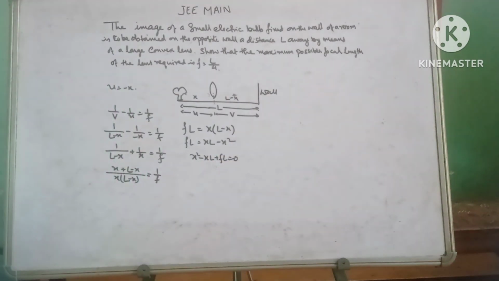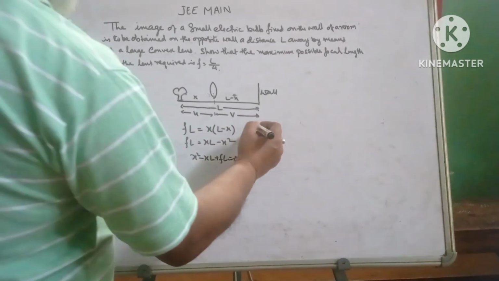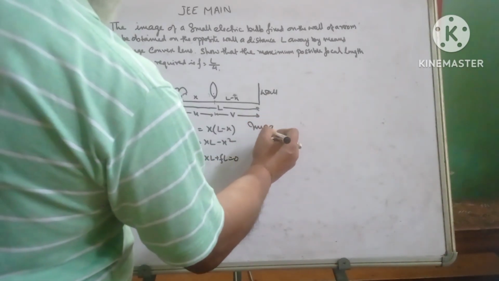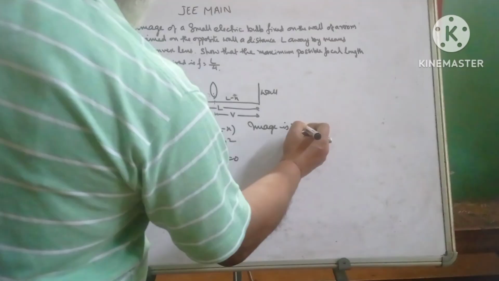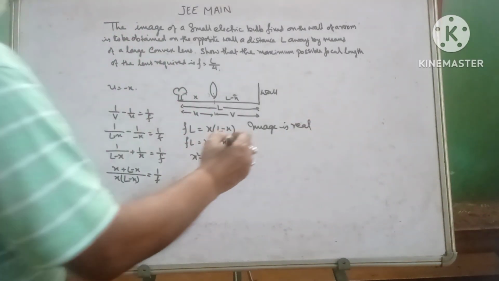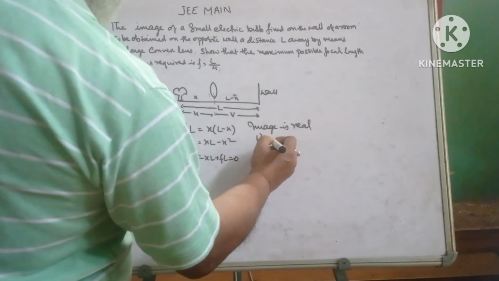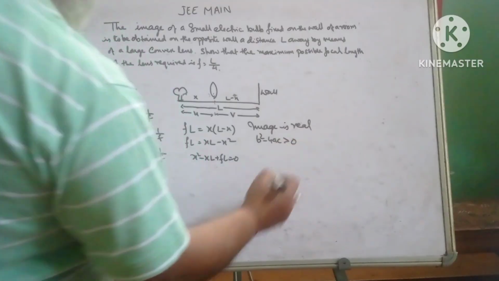This is a quadratic equation. Since the image must be real, b square minus 4ac should be greater than or equal to 0.